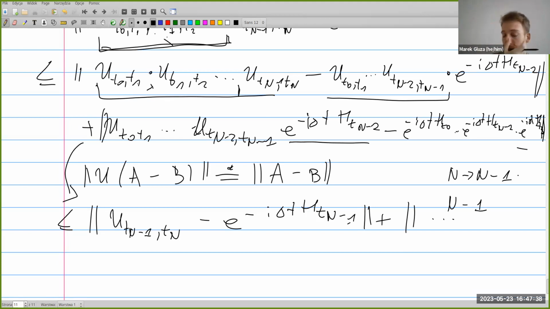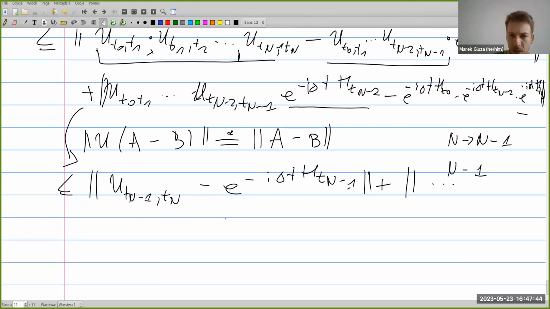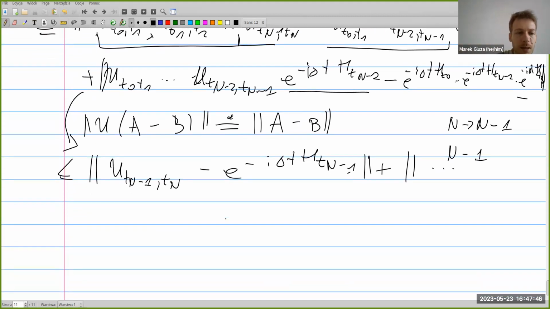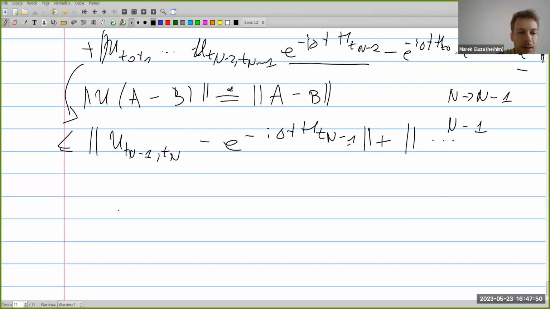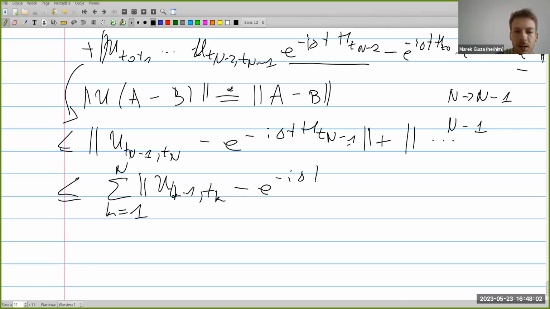And then we were discussing this quite a lot for Trotter-Suzuki. You just keep iterating this kind of telescoping recurrence, and it means that I will have the bound of summing over k from 1 until n of the norm of U(t_{k-1}, t_k) minus e^{-iΔt H(t_{k-1})}.